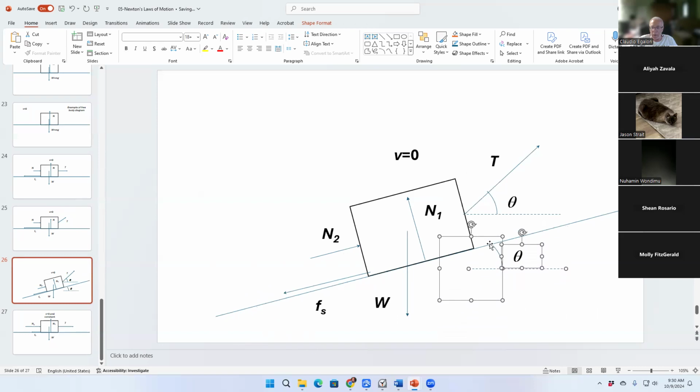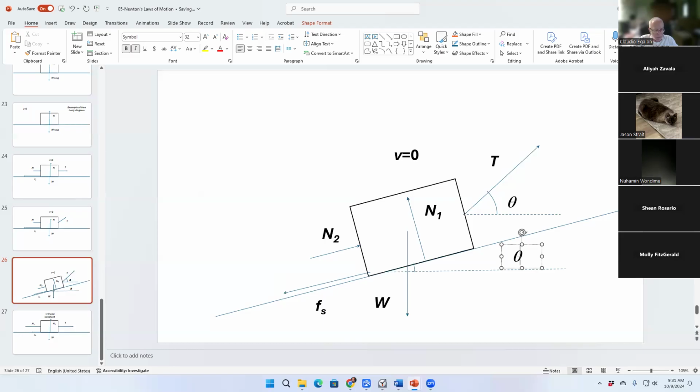And the other angle is going to document the angle that the tension makes with the horizontal. Without those parameters, we cannot solve the problem. Here you go. And instead of calling it theta, I'm going to call it theta prime because it's different.